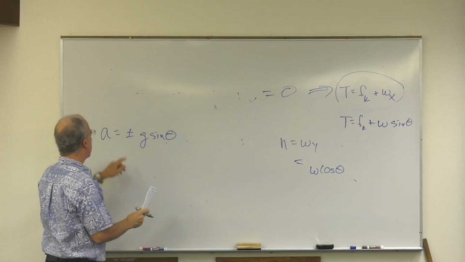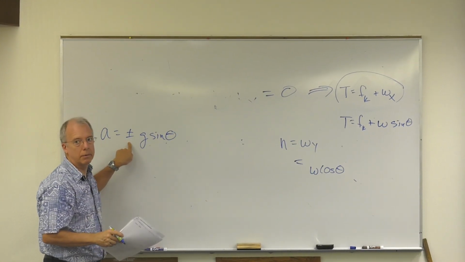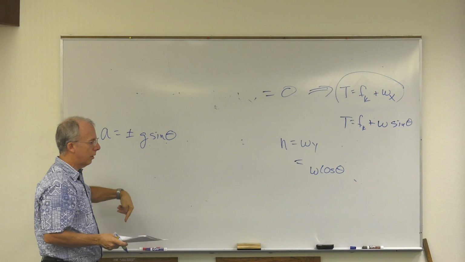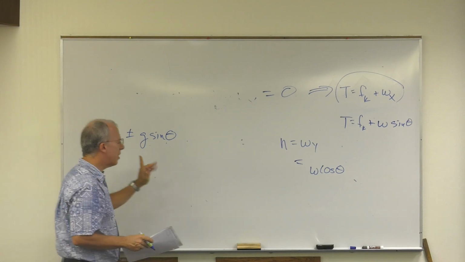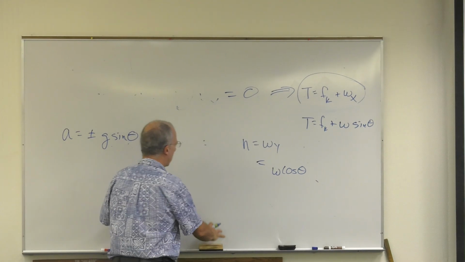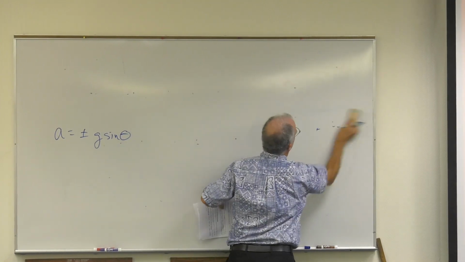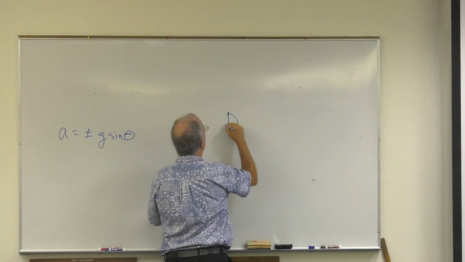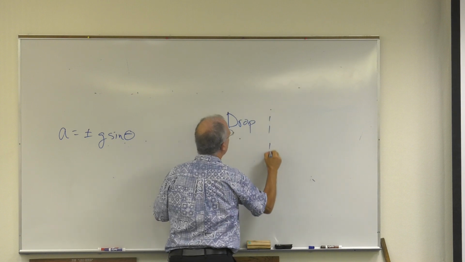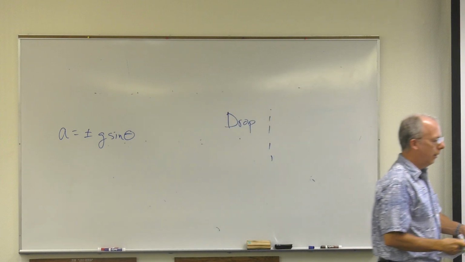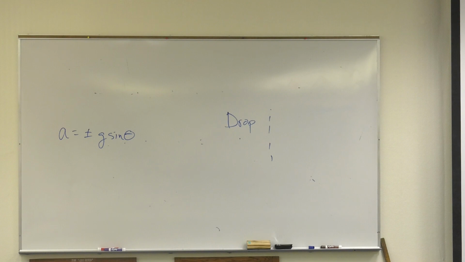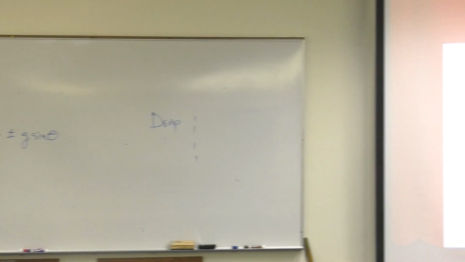Now what's the deal with the plus or minus? Well, it depends on your coordinate system, whether you want down plus or down minus. But anyway, let's see if this makes some sense. Let's just say I drop something. What's the angle? Well, if I drop something, this angle is 90.